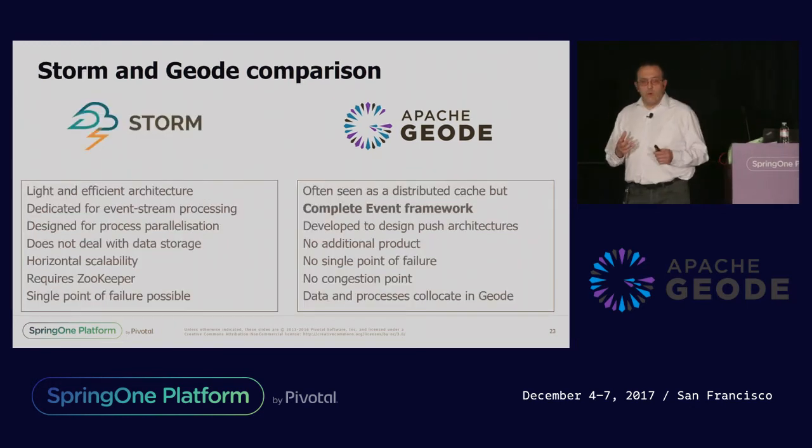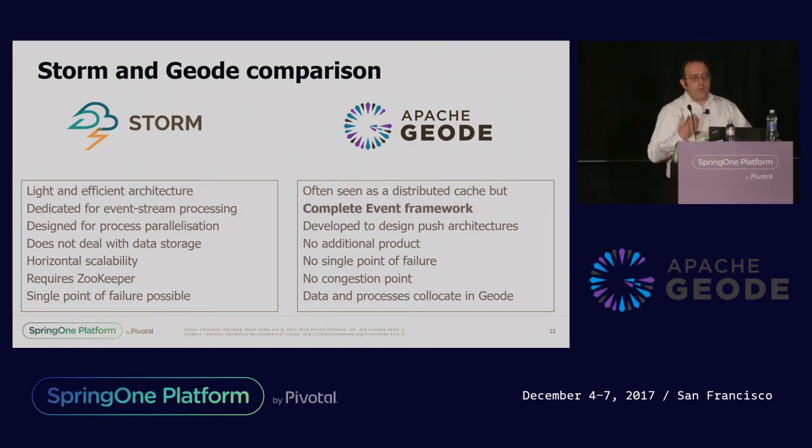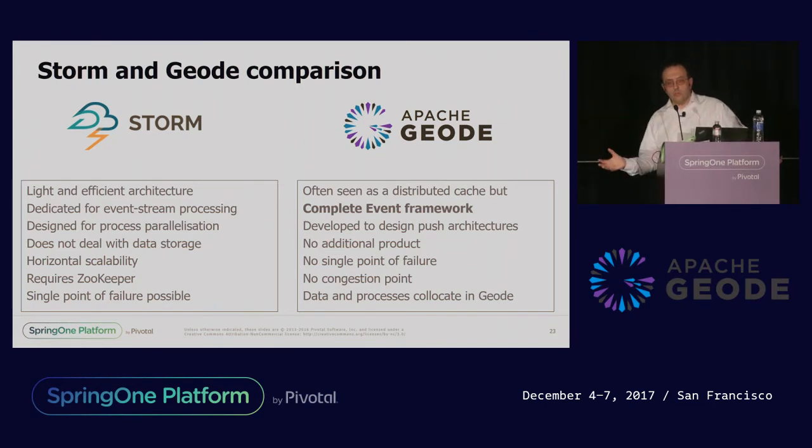It became more challenging when we wanted to replace Storm with Apache Geode. Why? Because people think that Apache Geode is just a distributed cache. No, it's something more. Apache Geode contains an embedded, complete event framework, synchronous and asynchronous, and we will talk about the asynchronous one.